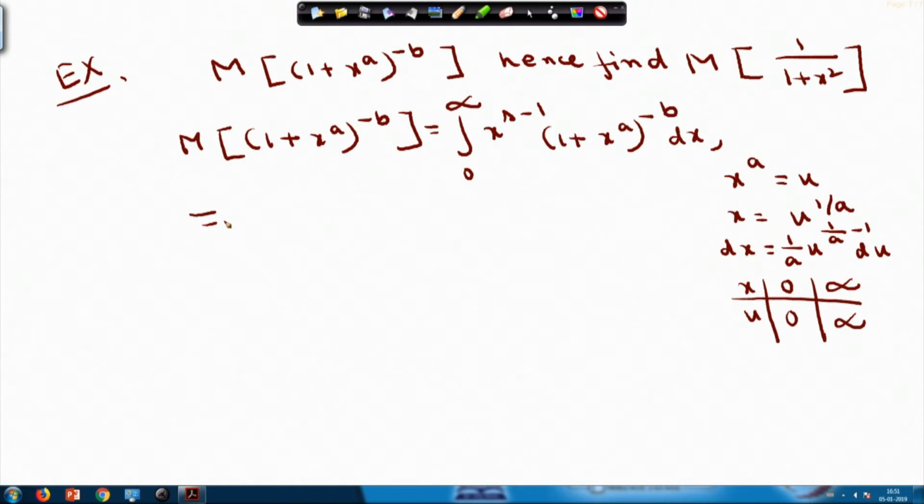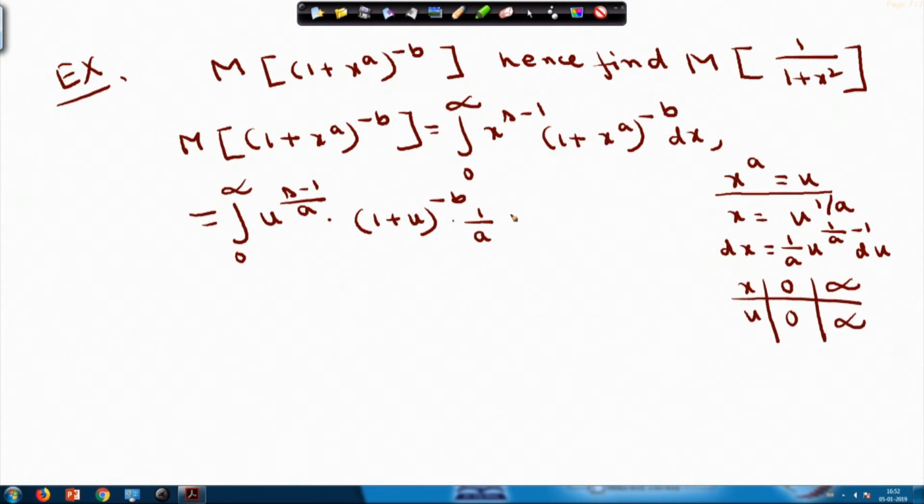So, if I substitute x to the power a equals u, I will obtain the integral from 0 to infinity of x to the power s minus 1, that is u to the power (s minus 1) by a, into (1 plus u) to the power minus b, and I have to replace dx with 1 by a u to the power 1 by a minus 1 into du.